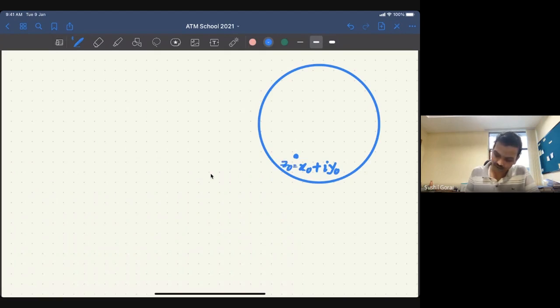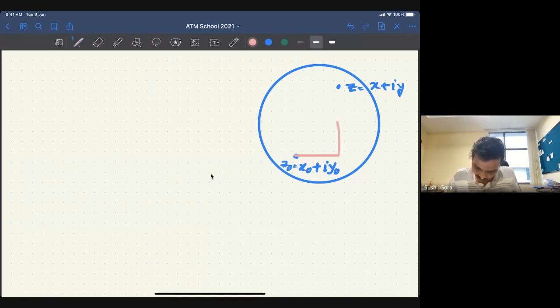And you consider a point z here, which is x plus iy. And you look at first this horizontal and then vertical path. This is your curve gamma.